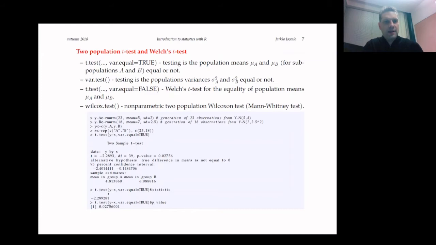Hi. In this video we now take a closer look at how to do with R this sort of classical statistical test like the t-test and F-test.